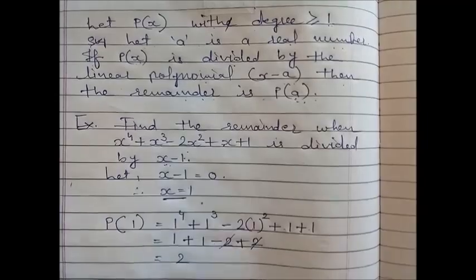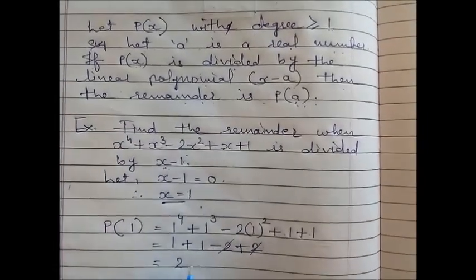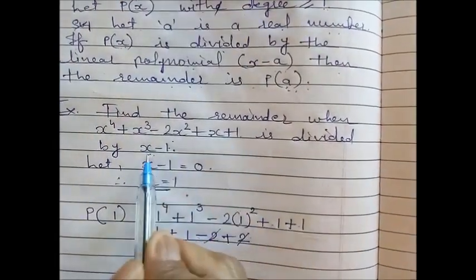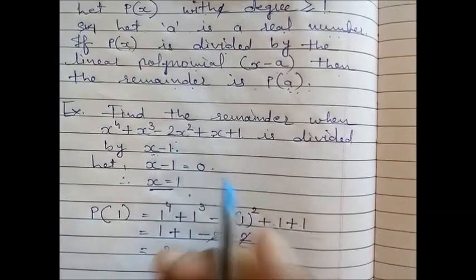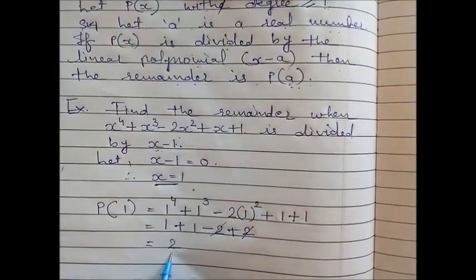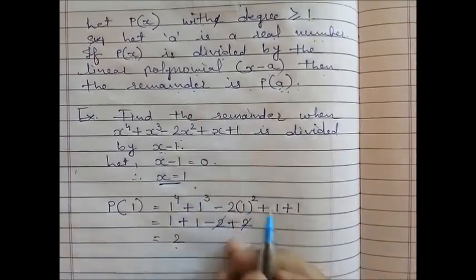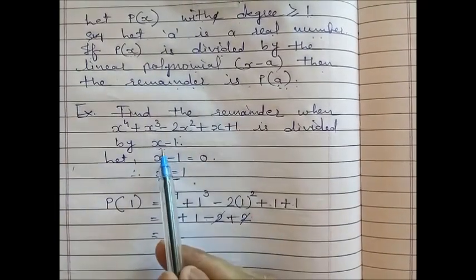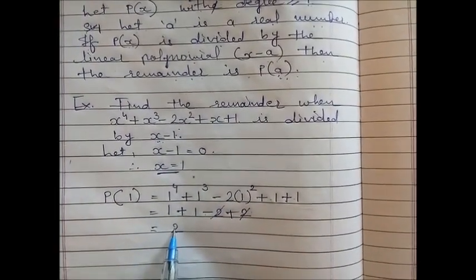So both will be cancelled. So 2 is the answer. That means when you are dividing this polynomial by x minus 1, your remainder is 2, right? So by the remainder theorem, when the polynomial is divided by x minus 1, the remainder is 2, right?